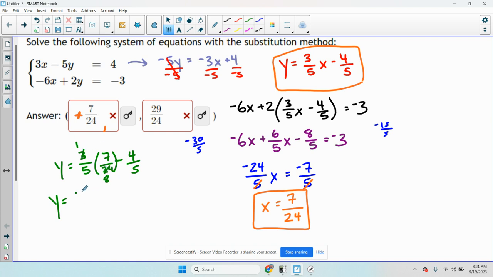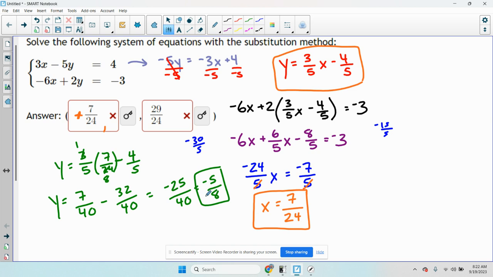So that's 7/40 minus 4/5. But if I put that in terms of 40ths, that's 32/40. So I get y equals negative 25/40, which is negative 5/8.